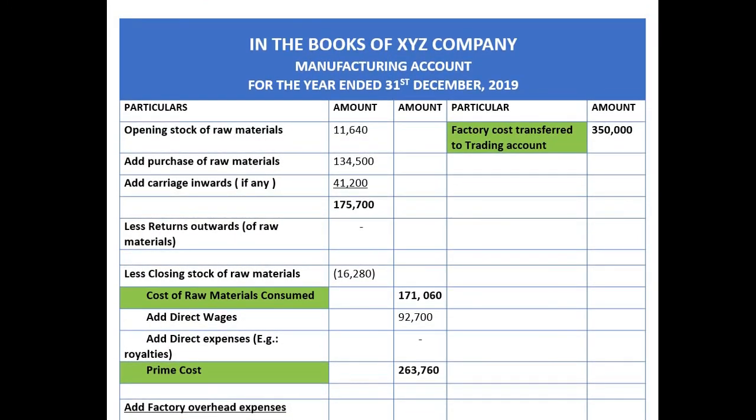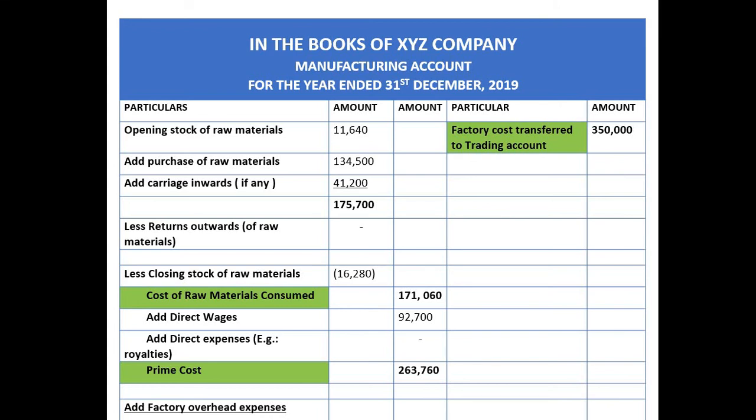At the right hand side of the manufacturing account, factory cost is transferred to trading account. There are two main reasons as to why factory cost is placed on the right hand side of the account. Number one, we place or transfer factory cost to the right hand side of the account to help us balance off the account.